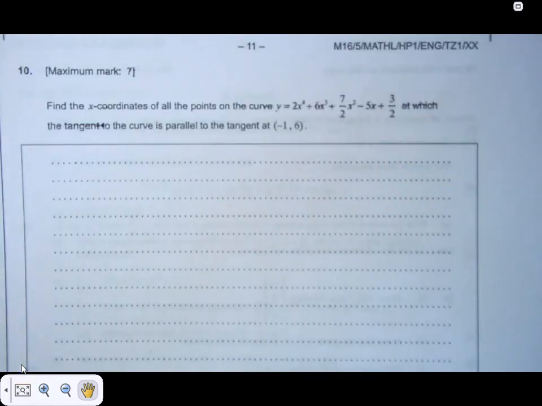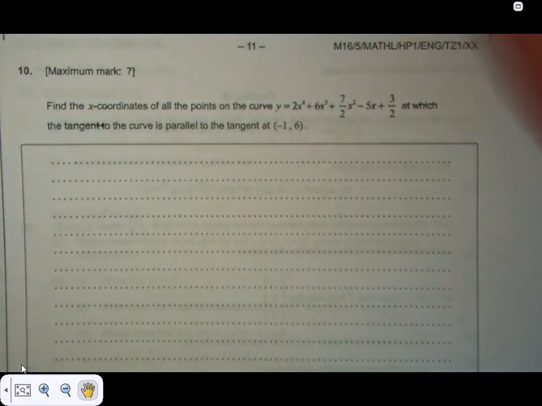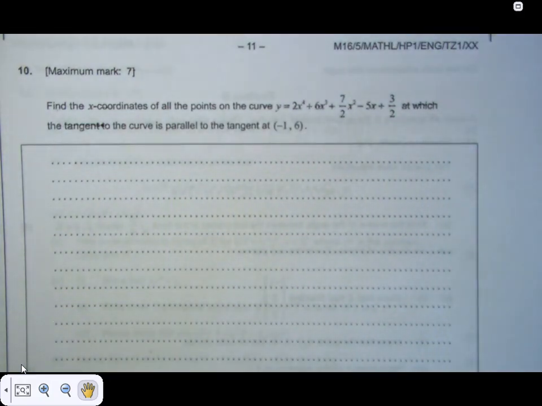Okay, so we're going to skip to number 10 because I think I can finish it. It says find the x-coordinates of all the points on the curve, and it gives me an equation for the curve, at which the tangent to the curve is parallel to the tangent at -1, 6. Okay, so what do you think the first thing I need to do is?